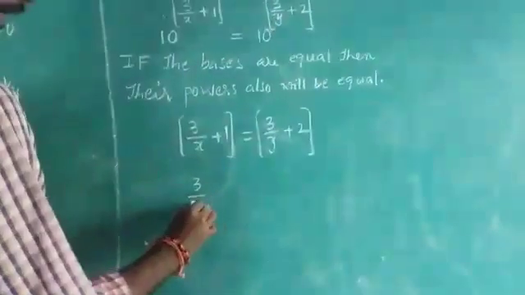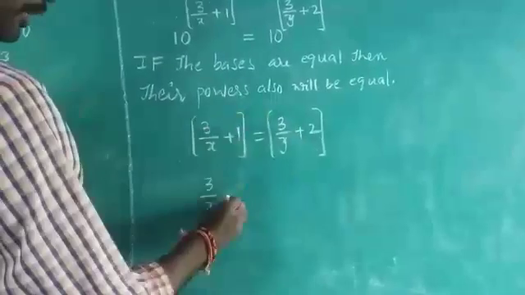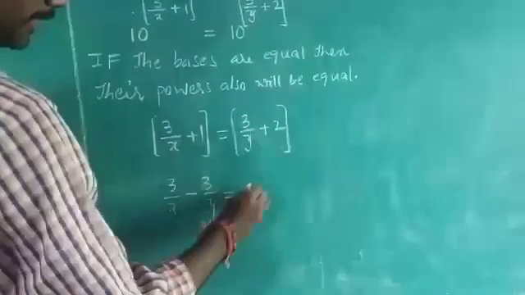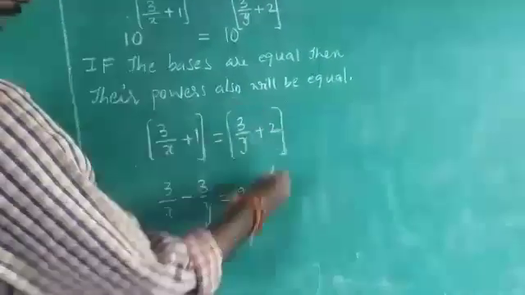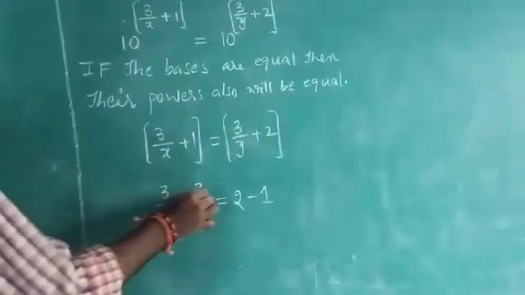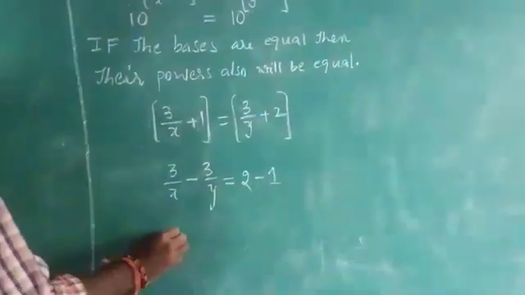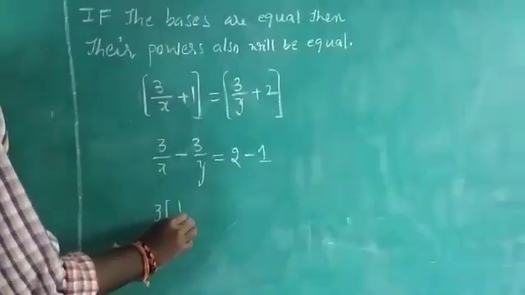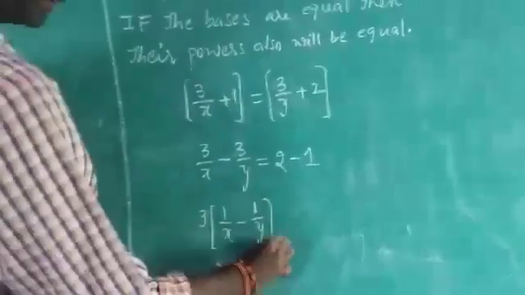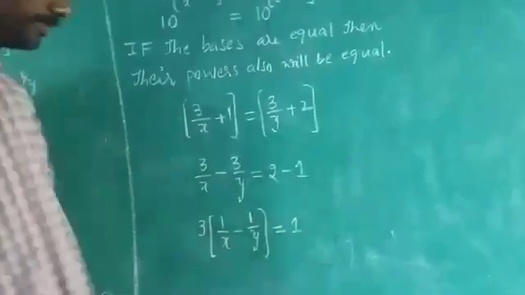So 3 by x, I am transposing, minus 3 by y is equal to, here is a 2, 2 plus 1 you are transposing, minus 1. So observe it, numerator 3 is there, so you can take 3 common. So what you will write, 1 by x minus 1 by y is equal to 1.